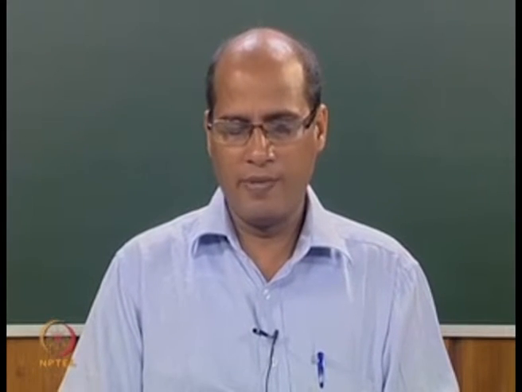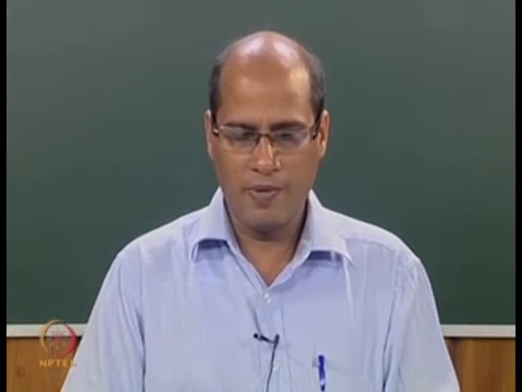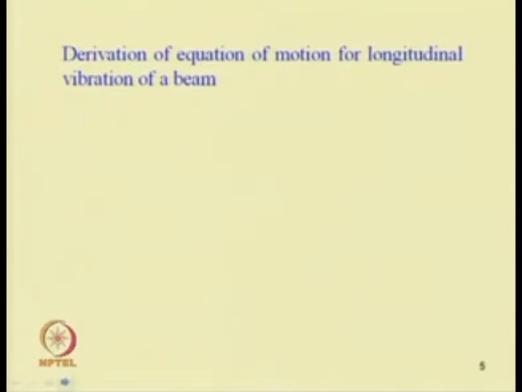Let us now derive the equation of motion for the longitudinal vibration of a beam. For example, this is a cantilever beam, and we want to find its equation of motion.